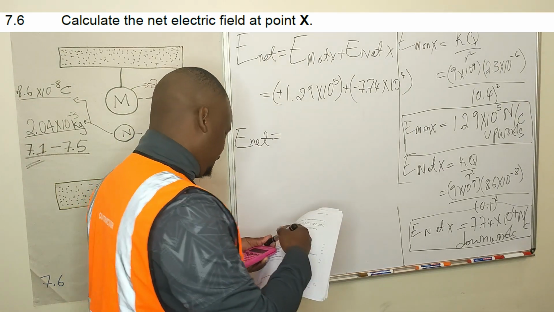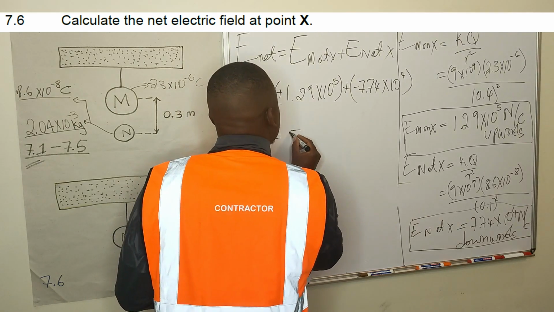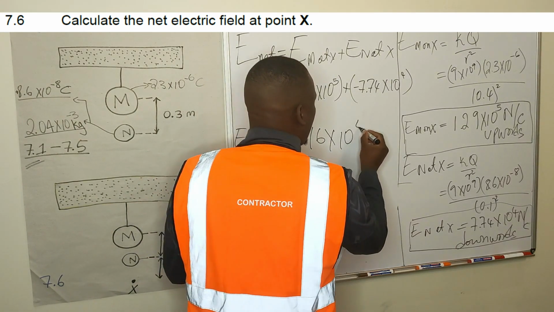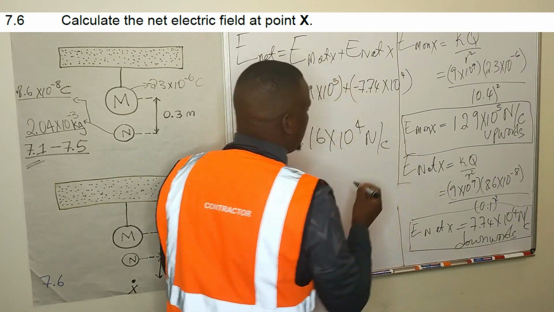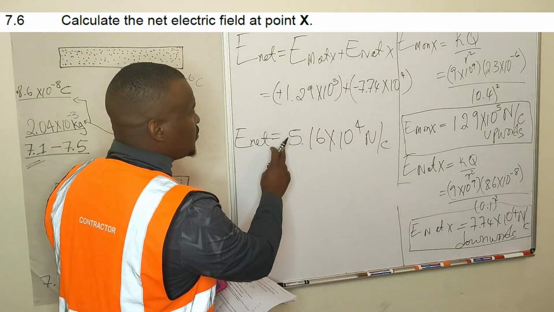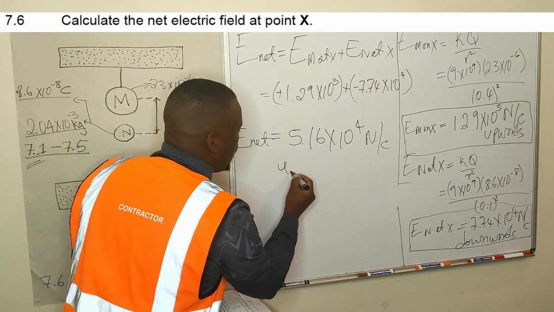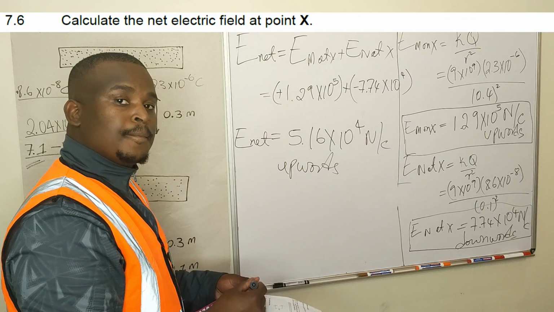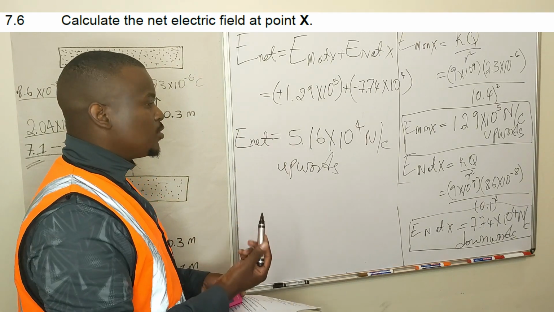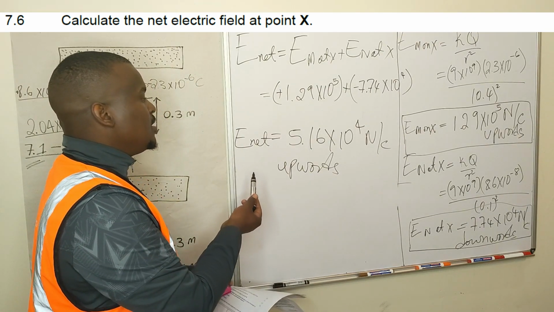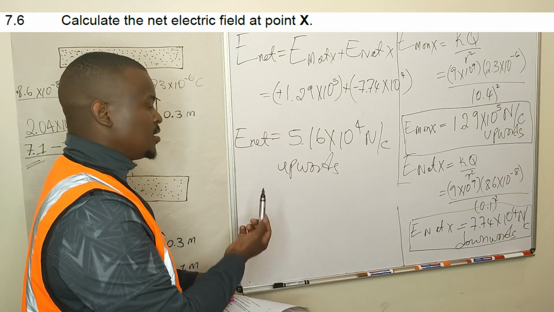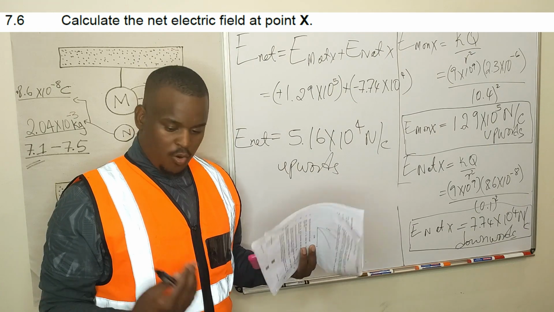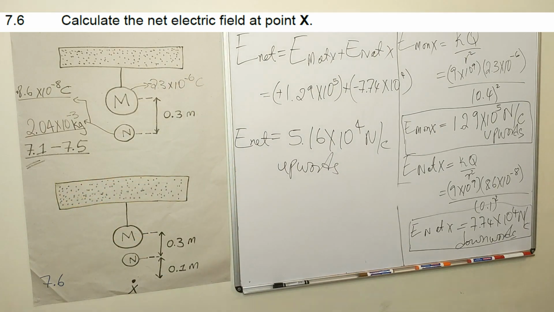This is equal to 5.16 times 10 to the power 4 newtons per coulomb. And since it's positive, it should be going upwards, because we said the positive one is up. So the resultant electric field is upwards. So this is how you do this question. I hope it is clear. I'm done.